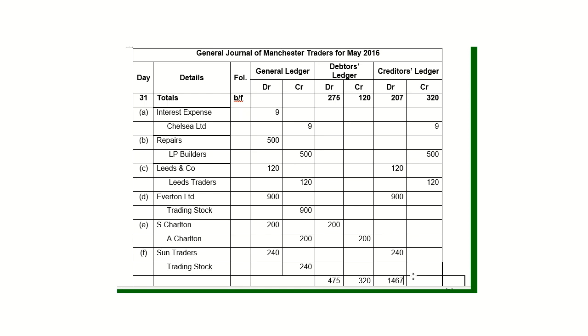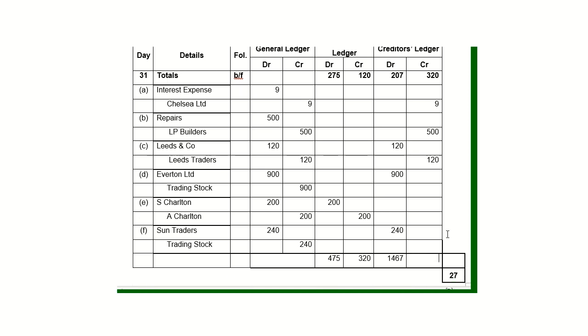And the credit column for the creditors, it's 320 plus 9 plus 500 plus 120, and that should give me 949.